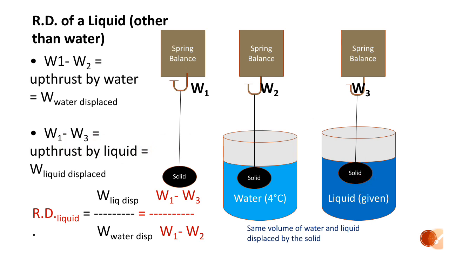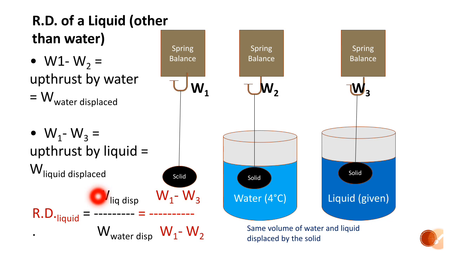Now see, the relative density of the liquid is equal to the weight of the liquid displaced divided by the weight of the water displaced, because those are of the same volume, the same as the volume of the solid.